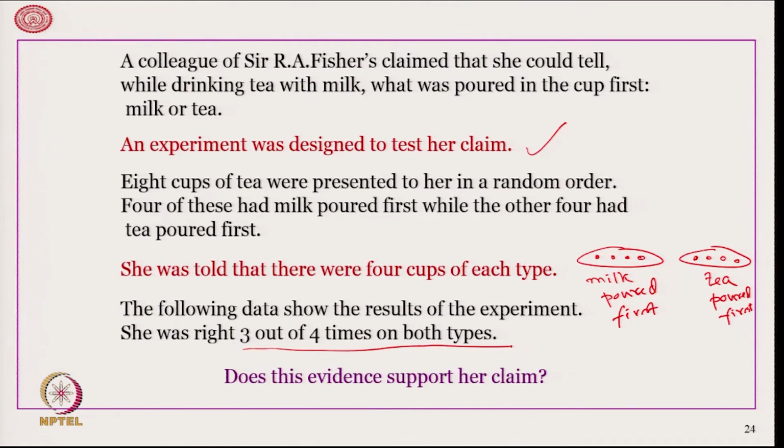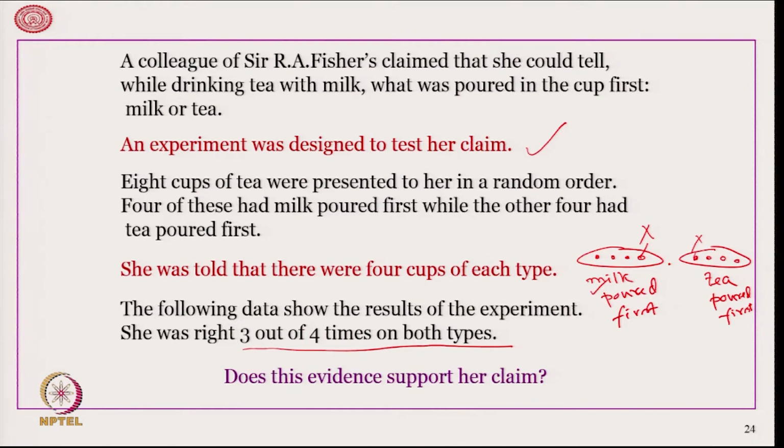That means, out of these 4 she could rightly guess for 3 that milk was poured first, but for one of them she was wrong, and similarly out of these 4 she could tell for 3 that tea was poured first, but for the 4th one again she failed. Does this evidence support her claim? That means, we are checking whether she is randomly guessing or she actually could decide whether milk was poured first or tea.